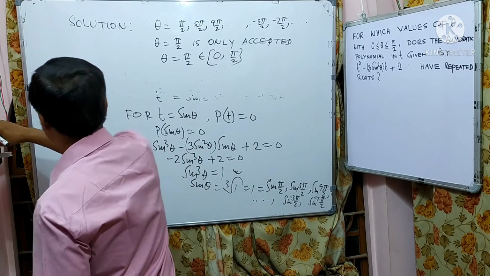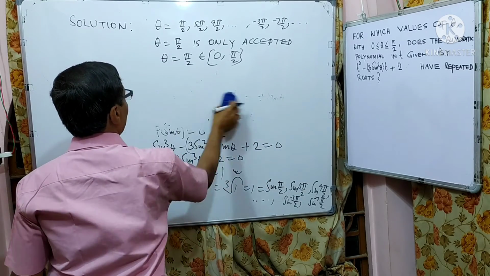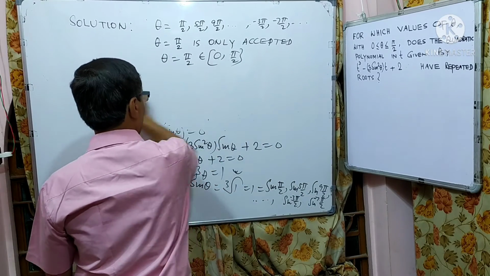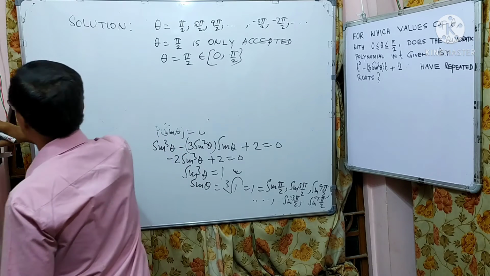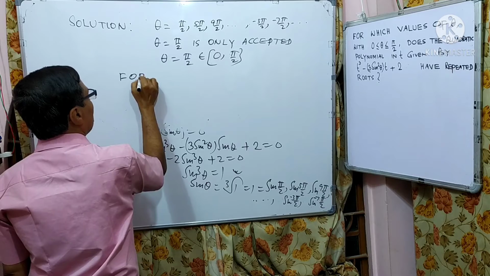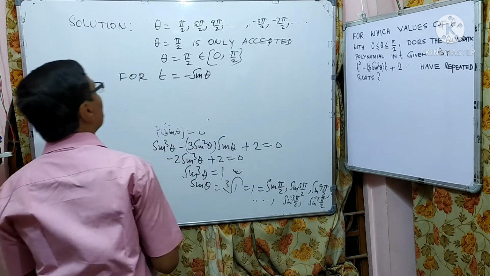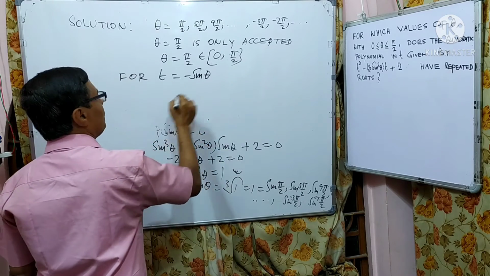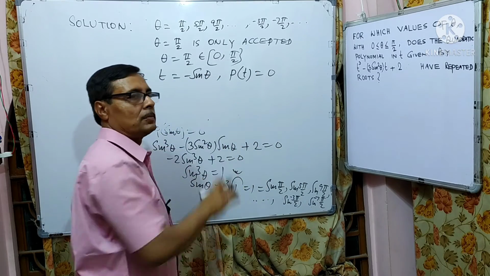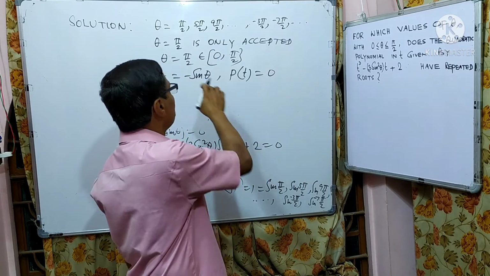Now for the other value, sin theta equal to minus 1, for t equal to minus sin theta, the polynomial p(t) is also 0, because t equal to minus sin theta is also a double root, that is, a root of the polynomial.